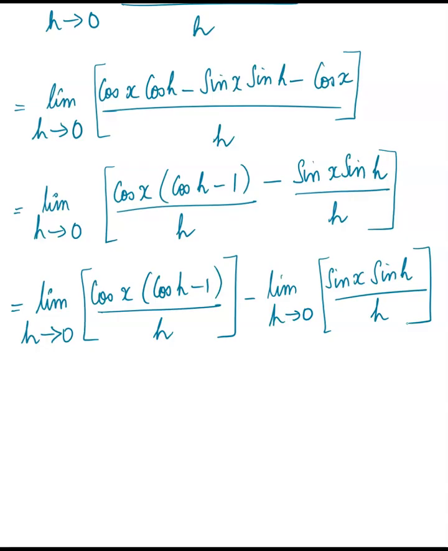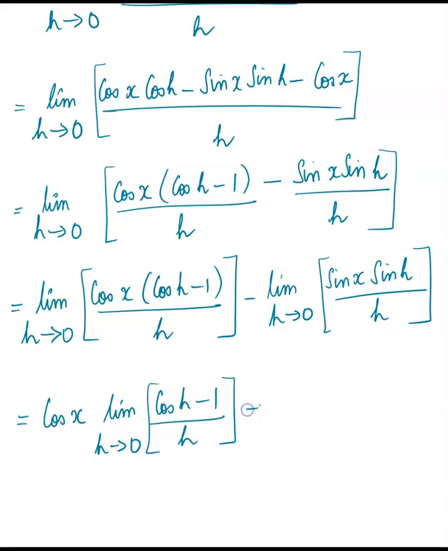So if you look at the cosine with the x and the sine with the x, anything that has the x is treated like a constant. Therefore, we're going to pull out the cosine x from the first term and apply the limit only where it matters, which is cosine h minus 1 over h. And here I'm going to pull out the sine x and apply the limit to sine h over h.